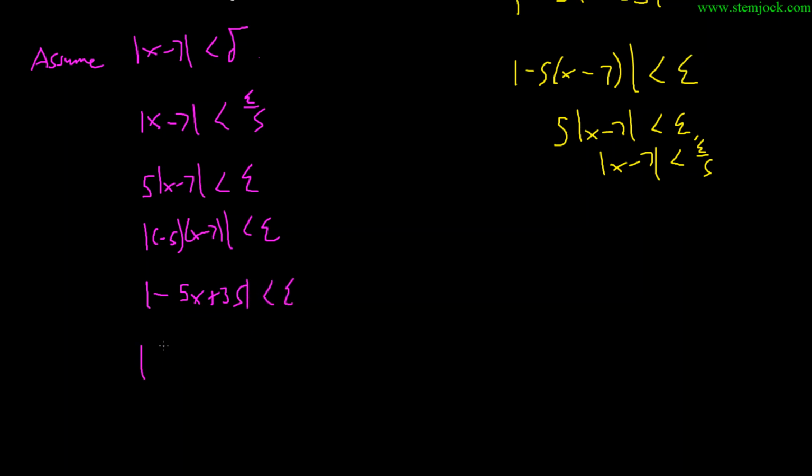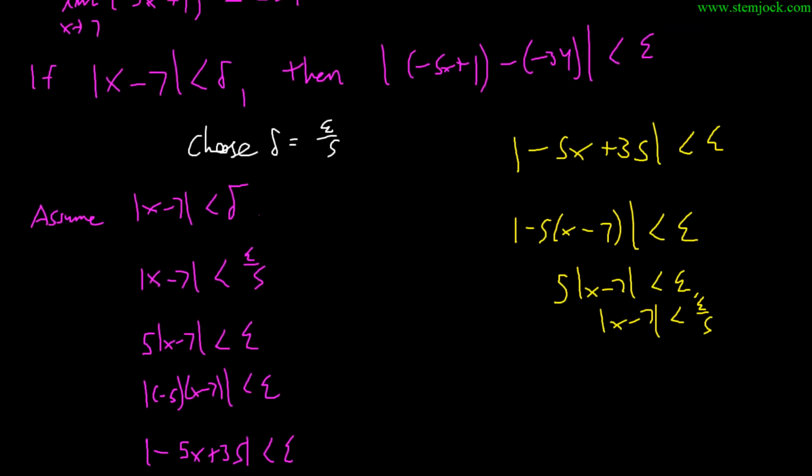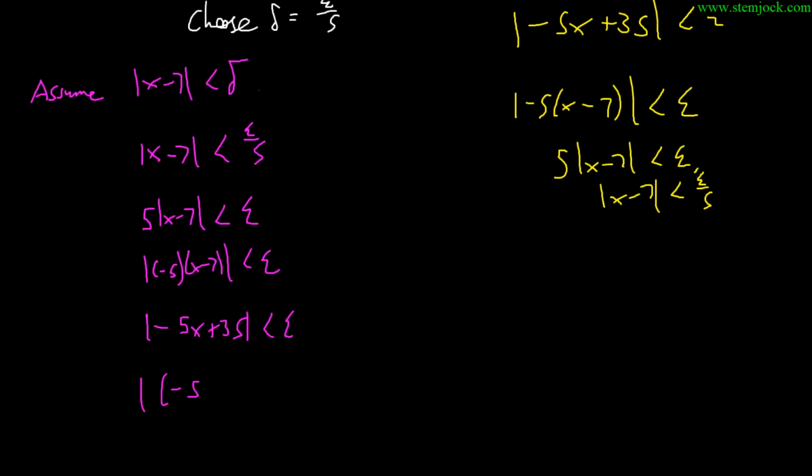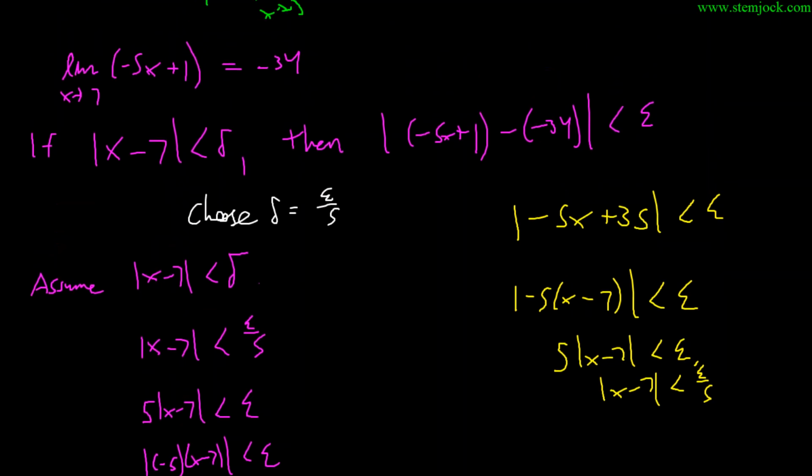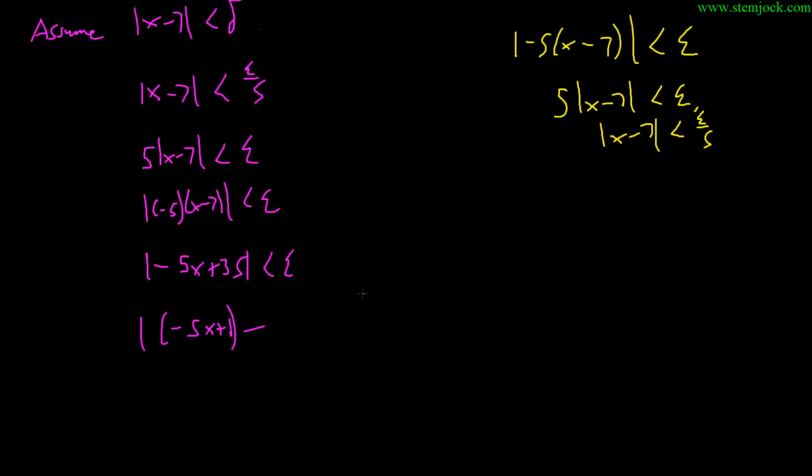Now, what did I start out with? The consequent I'm trying to show is negative 5x plus 1 minus negative 34. This is the consequent.